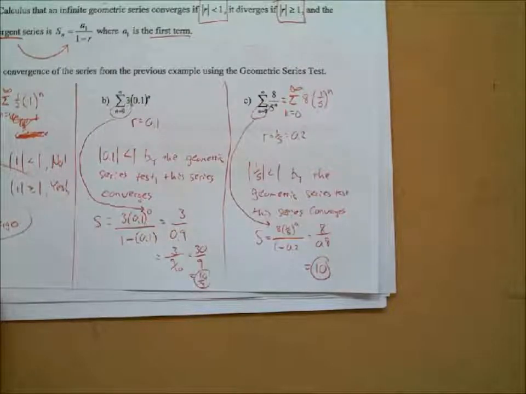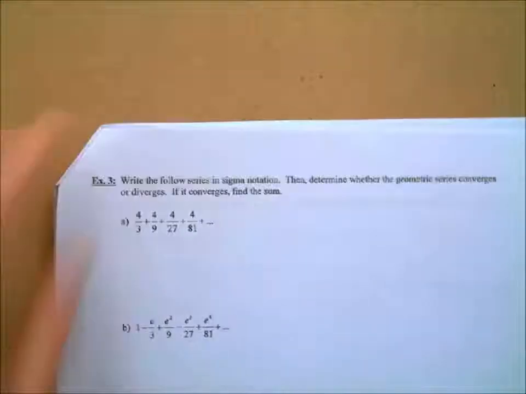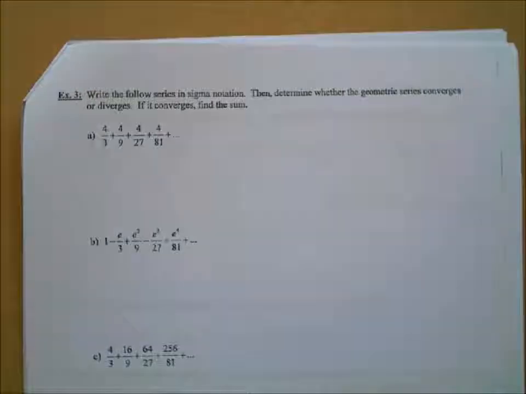Questions on any of that? All right, we're going to keep rolling then. So of course, we did this yesterday too. We were given sequences yesterday, and then we were asked to write those sequences out, and then we were given the list of numbers and asked to come up with a sequence that creates it. Same thing here. Here we're given a series.